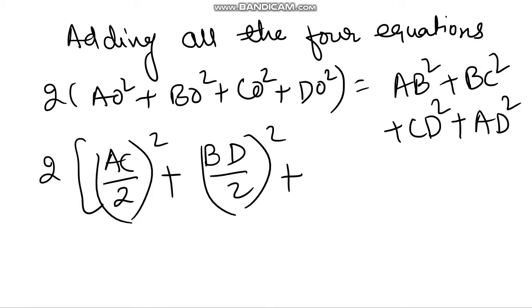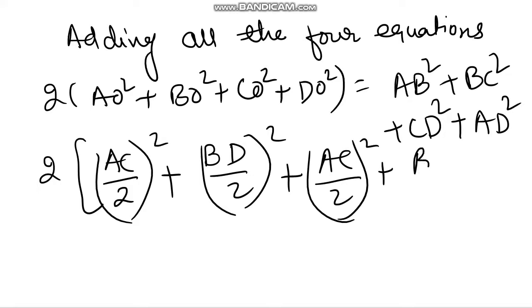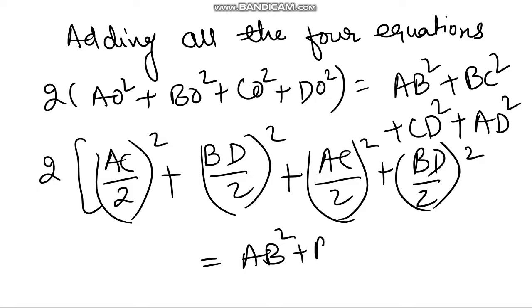Then CO is again AC by 2 whole square, and DO is again BD by 2 whole square. And this is equal to AB square plus BC square plus CD square plus AD square.